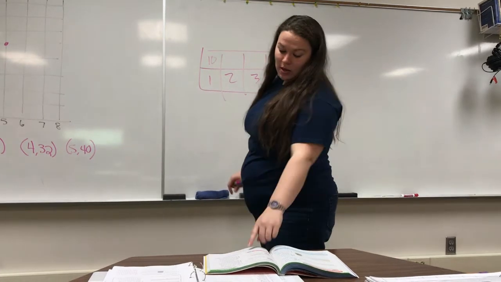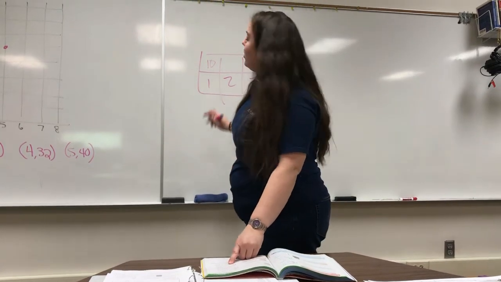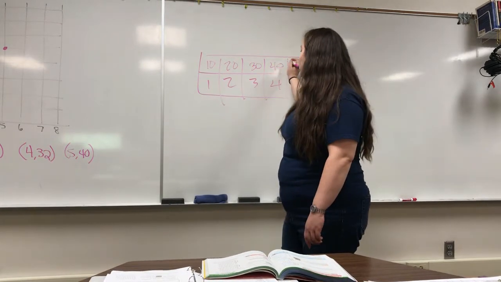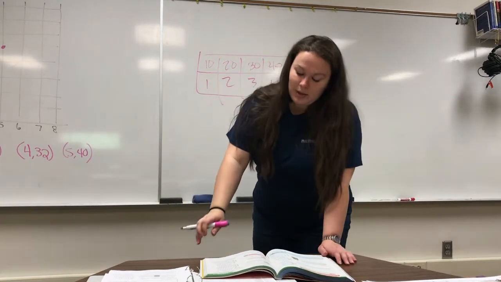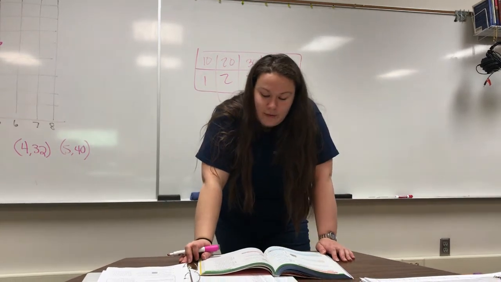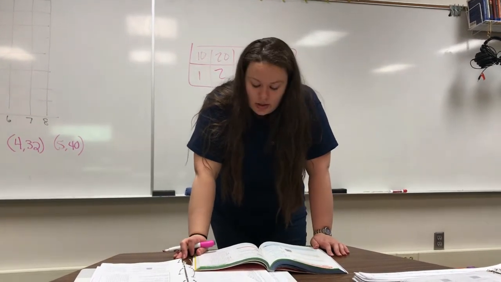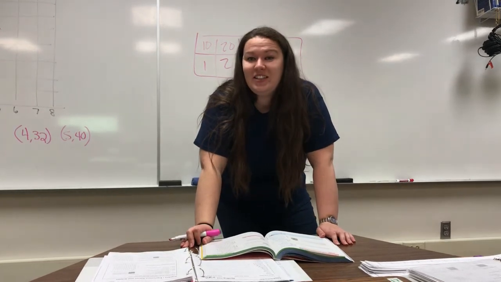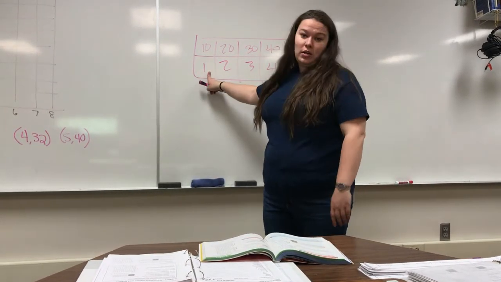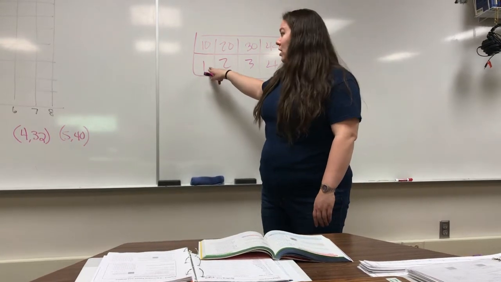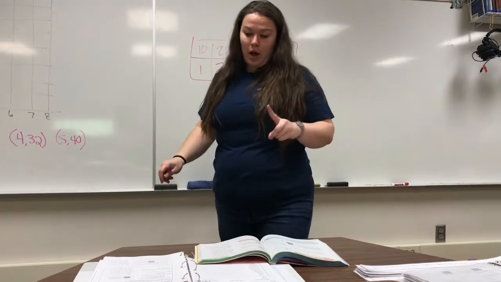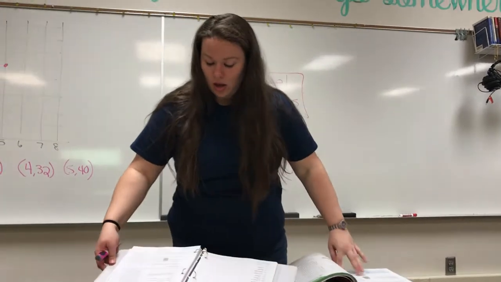How much is it going to be? And if I look on my chart, it says that I will get 20, and then 30, and then 40. Okay? And then find the unit rate per box. If you know what a unit rate is, you know that it has 1 at the bottom. So what is our unit rate? 10 bars for 1 box. Okay?